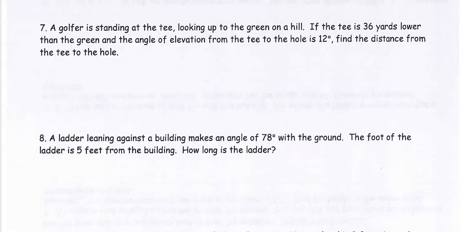Number 7, a golfer is standing at the tee, looking up at the green on a hill. The tee is 36 yards lower than the green, angle of elevation 12 degrees. Find the distance from the tee to the hole. So here's the ground, and the green is kind of up here.